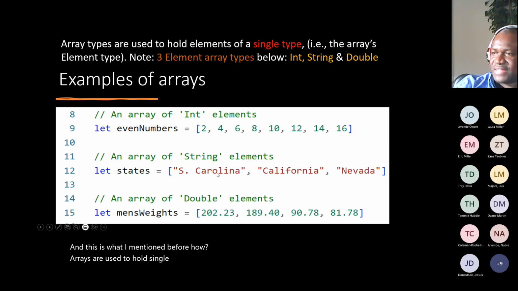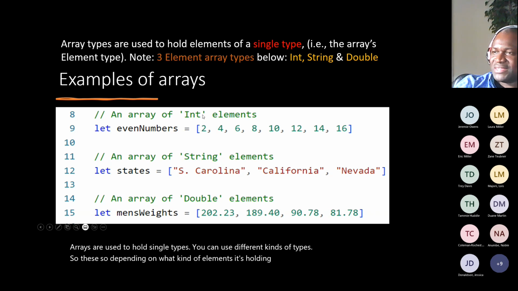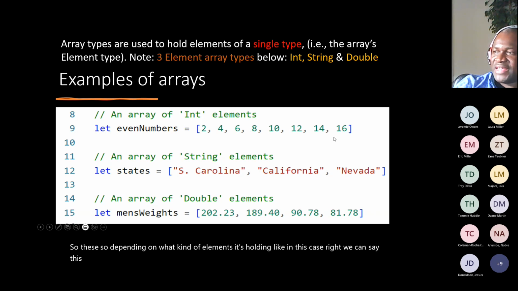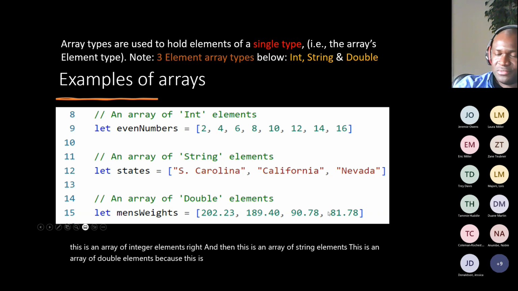You can't use different kinds of types. So depending on what kind of elements it's holding, like in this case, we can say this is an array of integer elements, and then this is an array of string elements. This is an array of double elements because these are all doubles.